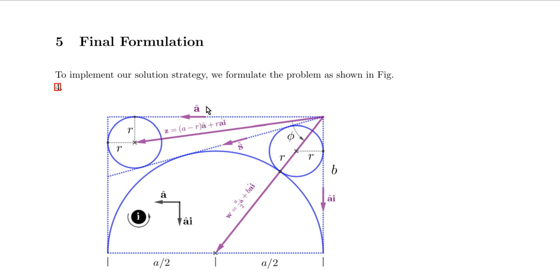We can see here that S hat is the reflection of A hat with respect to this vector, which we've formulated in terms of A and R, and also S hat is the reflection of A hat I with respect to W, this vector, which we've also expressed in terms of A and B.